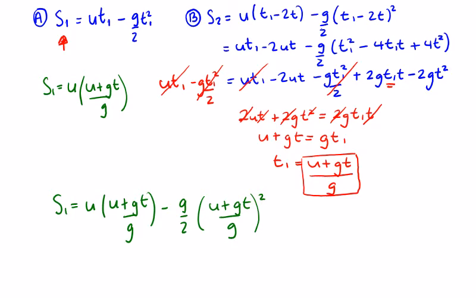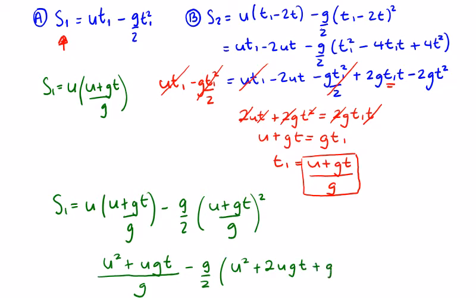So we're going to get u squared plus ugt over g, minus g over 2 times the top line squared on its own: u squared plus twice ugt plus g squared t squared. And that will all be over g squared.